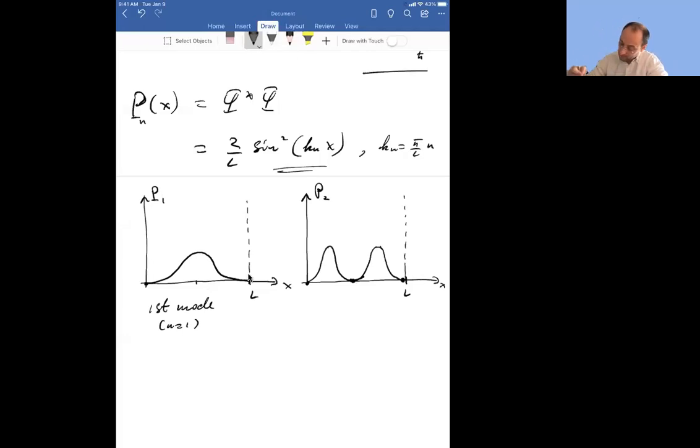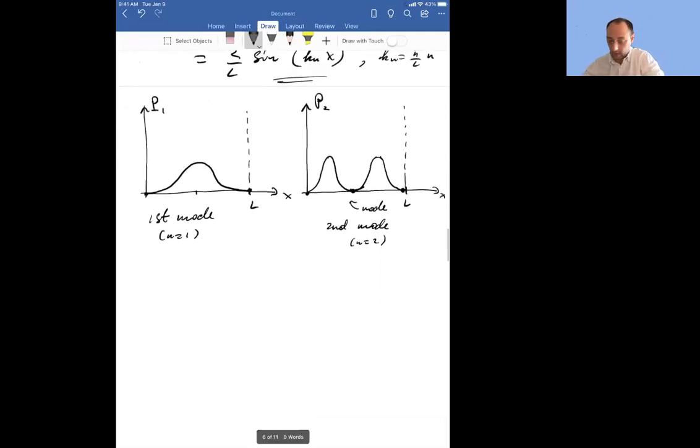So for the first mode, or first stationary state, there were no nodes in the center. For the first excited state, there's one node in the center. There are also two nodes on the edges because of boundary conditions. I'm not counting them. So this is second mode, n equals 2, and it has one node in the center.